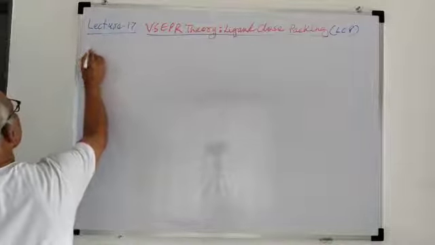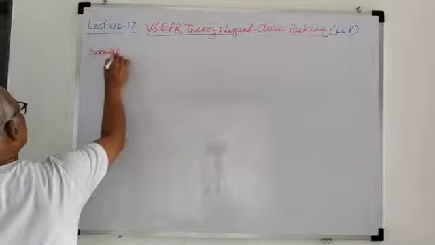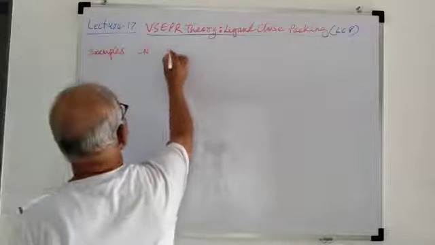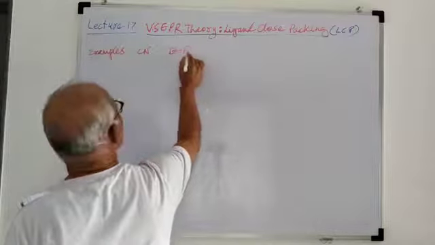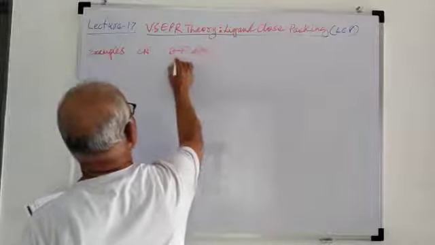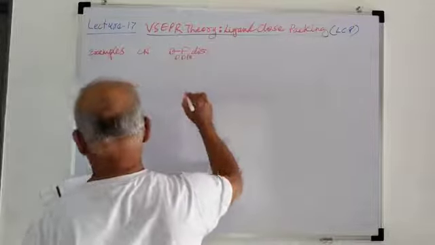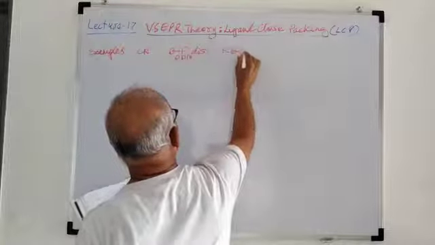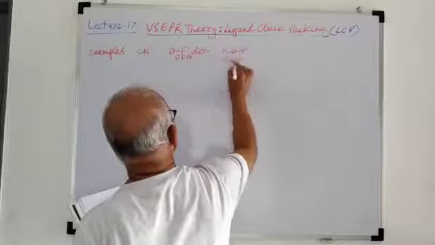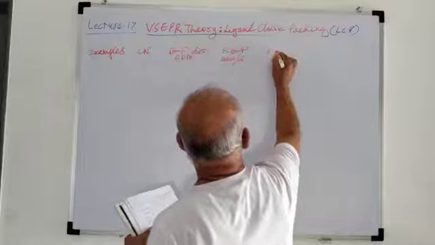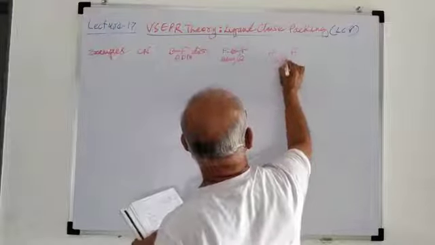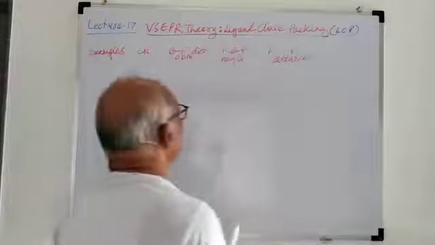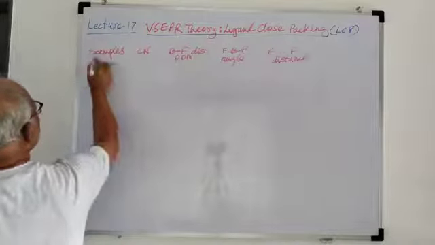That is, we will see examples, then the coordination number, then the BF distance in ppm, then the bond angle, the FBF angle, then the FF distance. So we will see some examples.